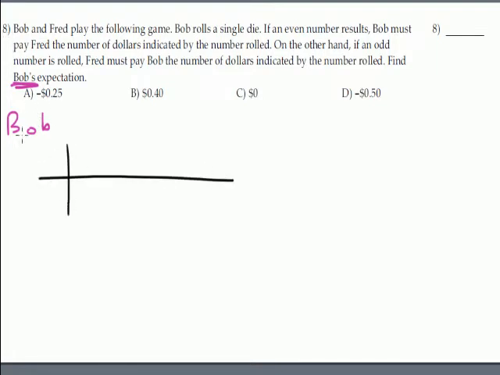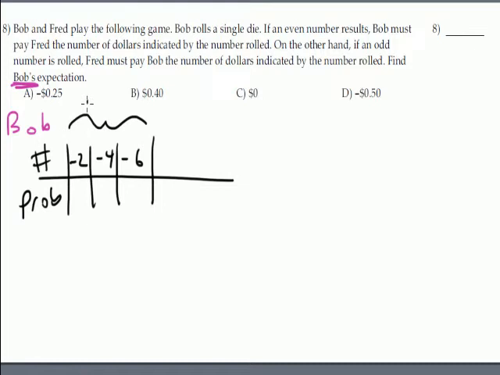So looking at this, numbers and associated probabilities. Reading through this, if an even number results, Bob must pay Fred the number of dollars indicated. In this example, there's 3 different even numbers that can happen. You get a 2, so he's going to pay Fred 2. That's a -2 to Bob, -4 to Bob if a 4 comes up, and -6 to Bob if a 6 comes up.